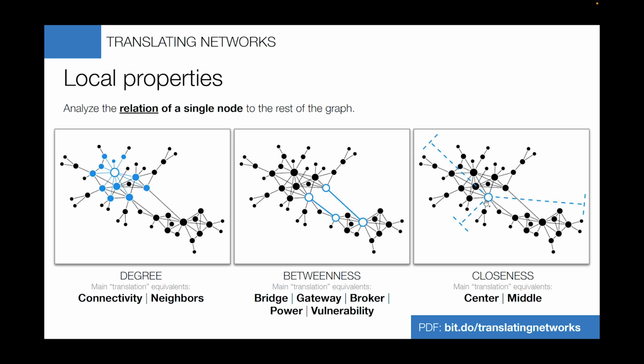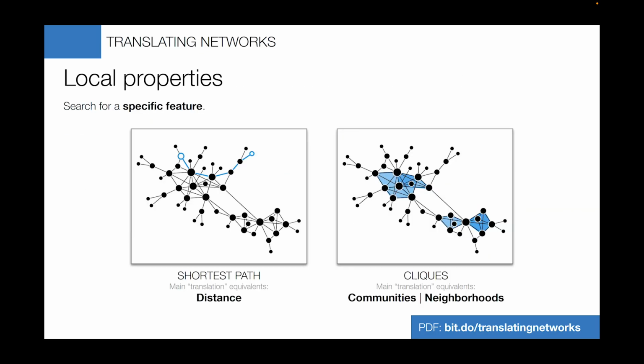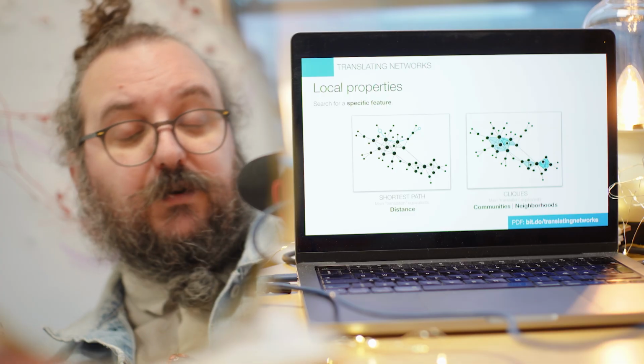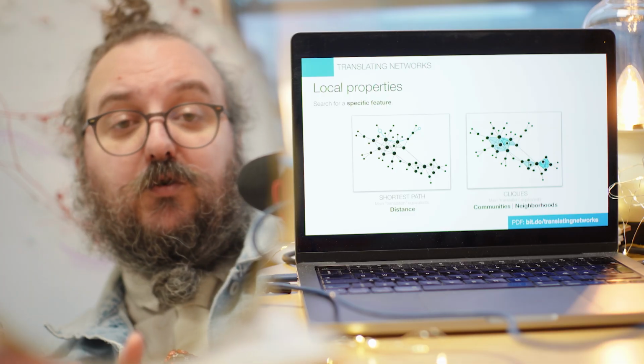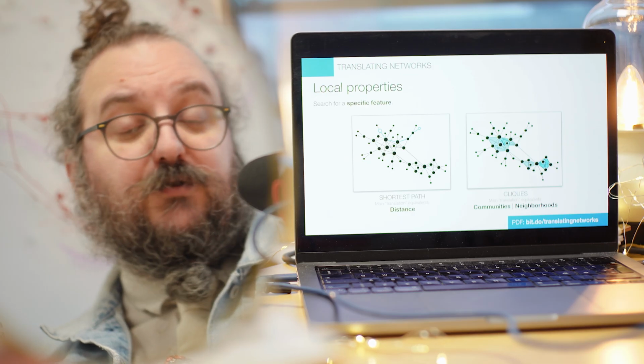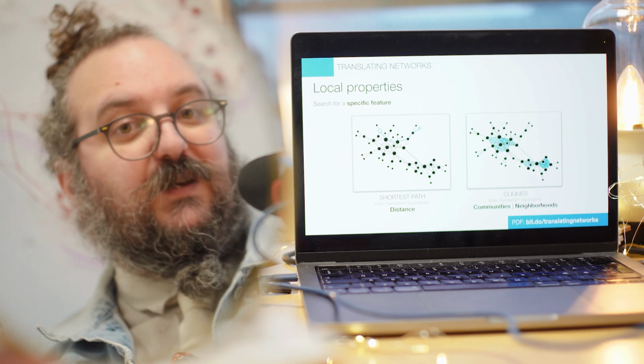On the contrary, closeness will be more like the center or the middle node in the network, and so on and so forth. So you can just go through this and look at the different connections between statistics that you can compute in software like Gephi, and where you could look at them and how you could interpret them in your visual network analysis. And I think I am just going to stop here.